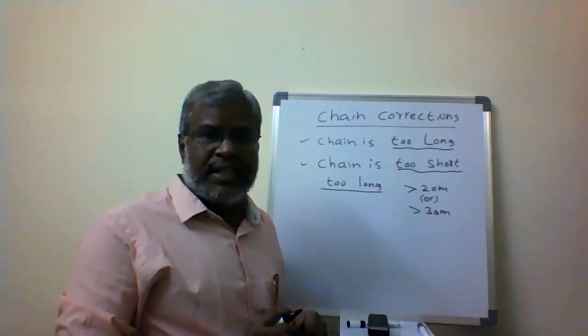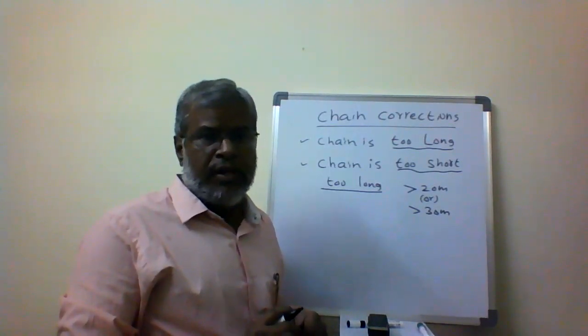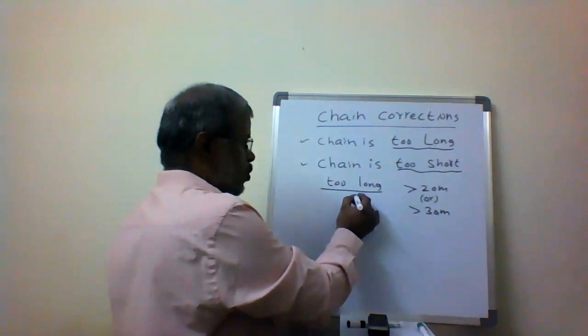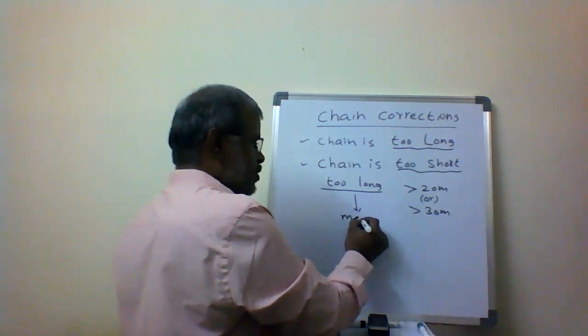If the chain is too long, greater than 20 meters, then the measured distance is short and a correction is going to be applied.